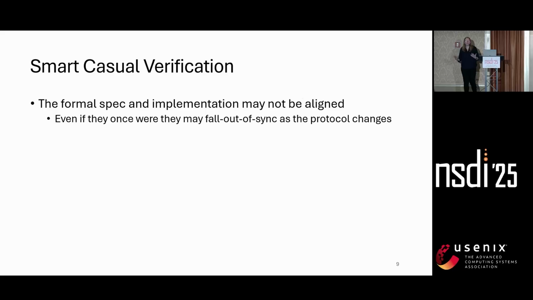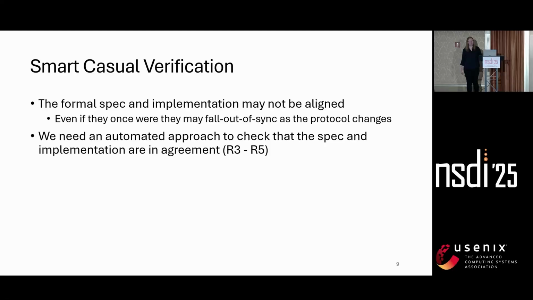And even if we could have got these two things in alignment, there was no guarantee that they were going to stay like that. CCF is very much an active project. You can go onto GitHub and see what's happening. And so we wanted to get some guarantees of the alignment between the implementation and the specification moving forward.